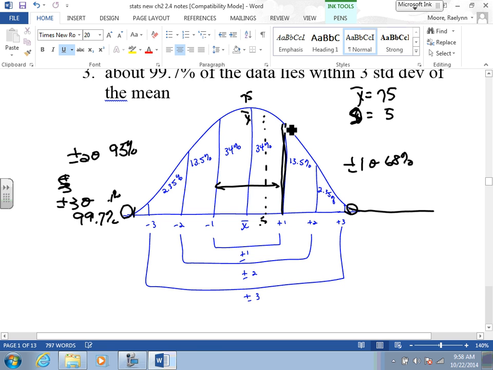Darken it at the whole number, because we don't want to go between them. We want to stay at the 1, at the 2. So darken those lines. Now, you're going to add your standard deviation as you go up. You're going to subtract your standard deviation as you go down.